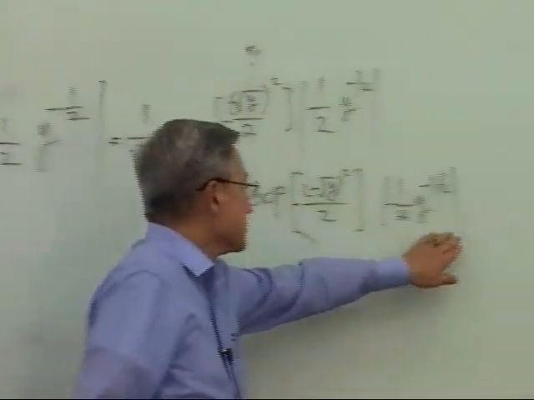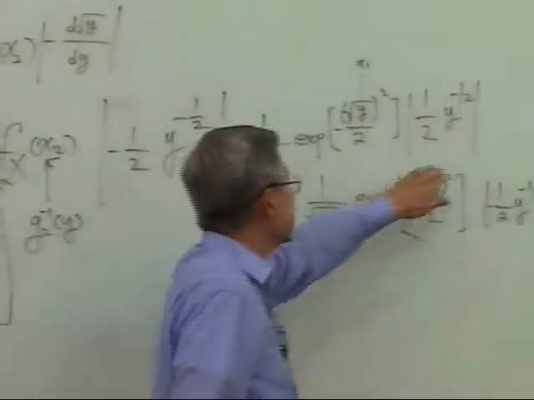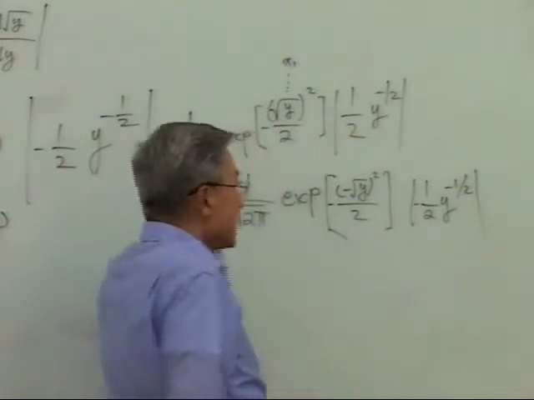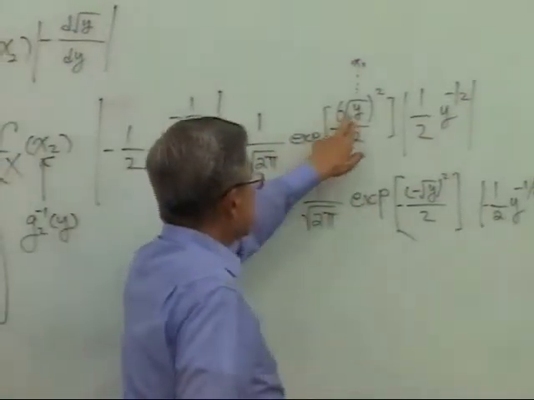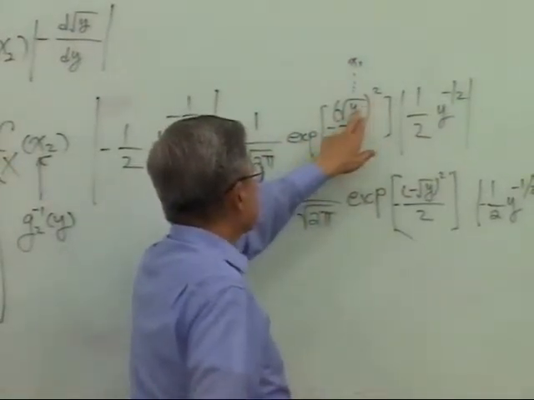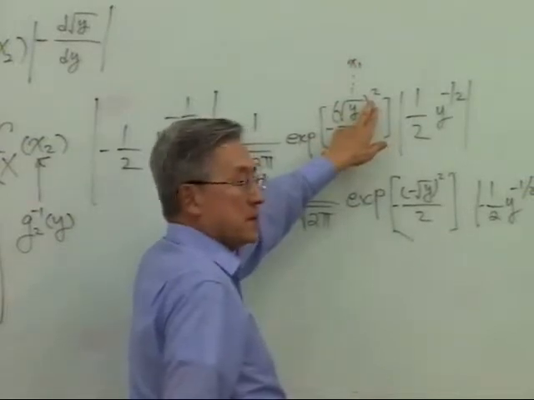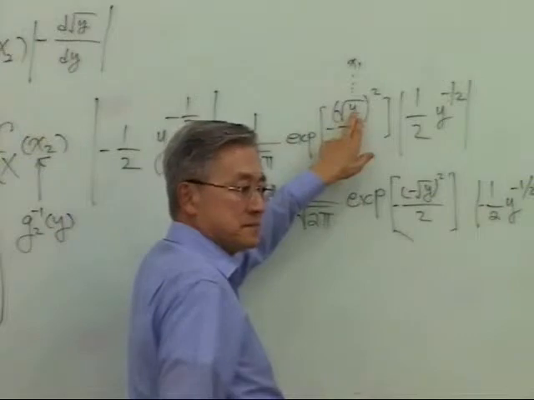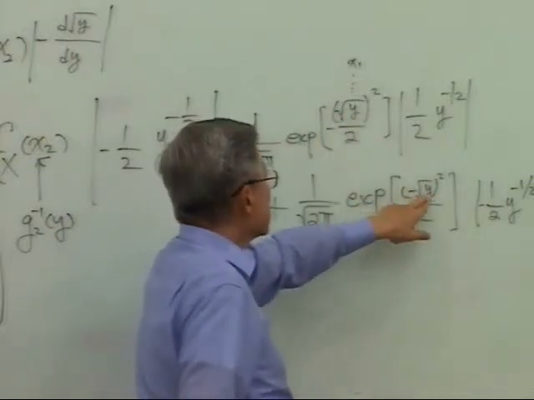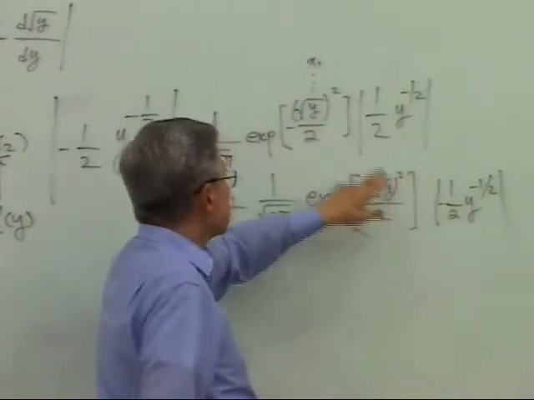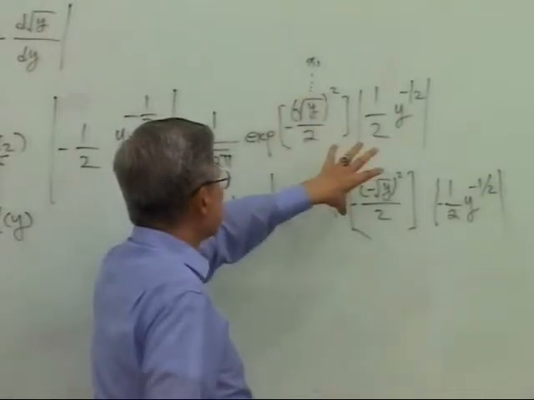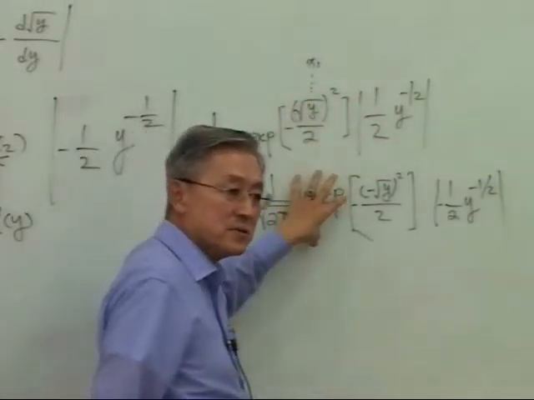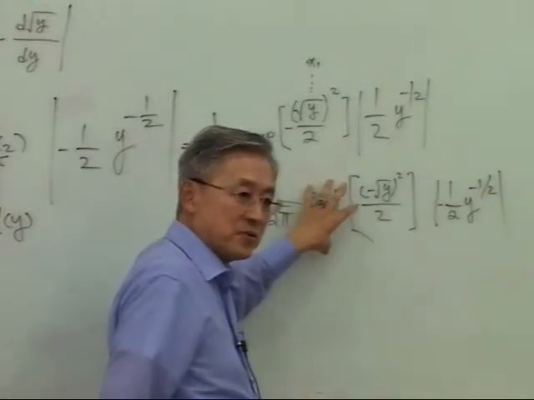So this term is identical to that term because it's absolute. And this square is y square. I'm sorry, this is simply y. And this is identical. So eventually what you see here is the first term is identical to the second term.